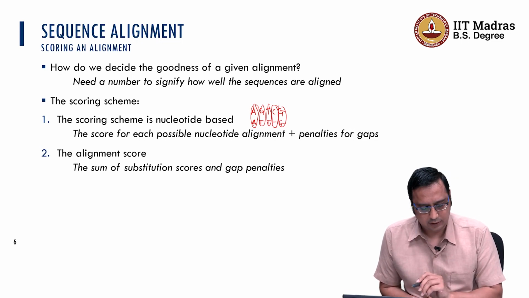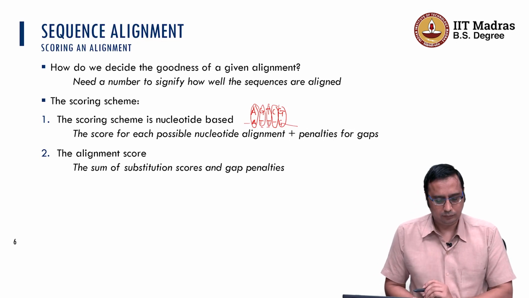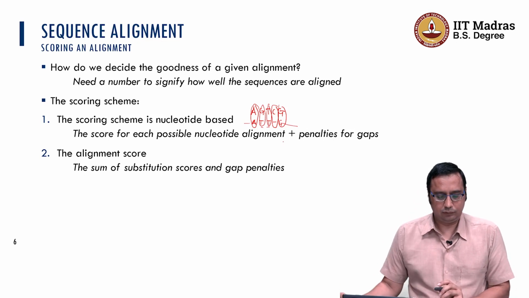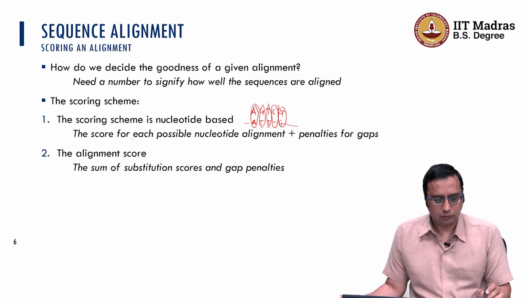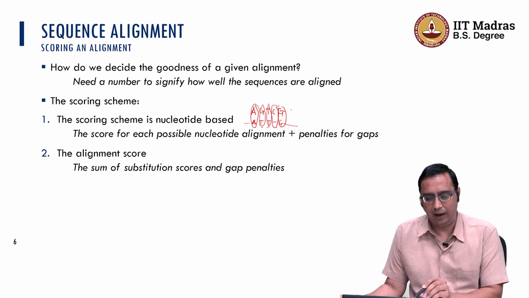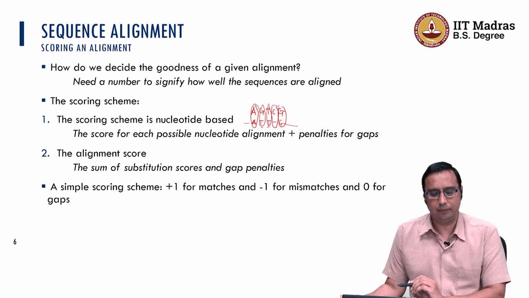So for each one, I'll provide some score: for match some score, and for mismatch some score. And typically the alignment score between two sequences is the sum of all these individual scores for each of these nucleotides and the gap penalties.